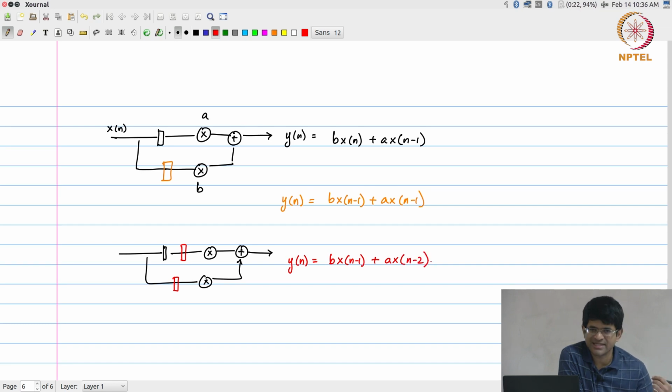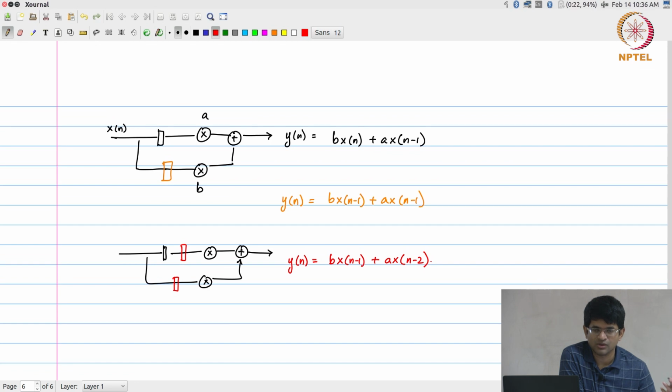The question is, is this the same as the original filter, or is there anything fundamentally different? Has anything fundamentally changed over here? Can I reasonably claim that this is pretty much the same as the original filter? Will it have the same transfer function? Will it have the same behavior?